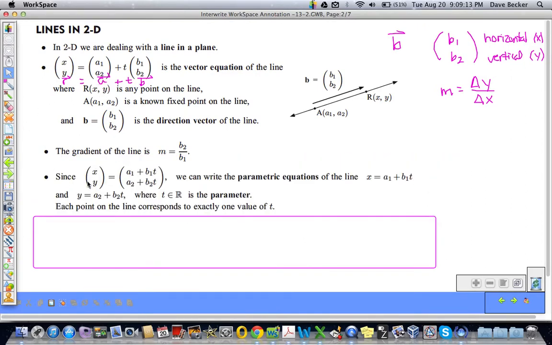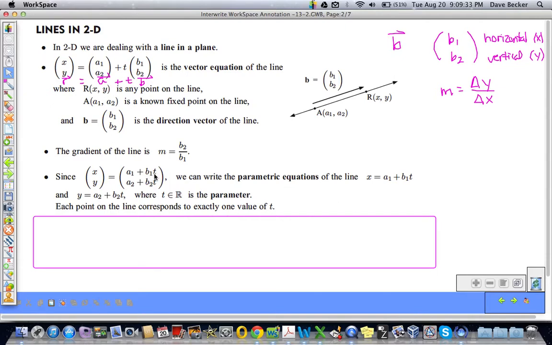Okay, so all this is a rewrite of this equation right here. We can write what are called parametric equations of the line, and all we have to do is say, okay, my x is going to be equal to the component a1 plus the component b1 times the parameter t.